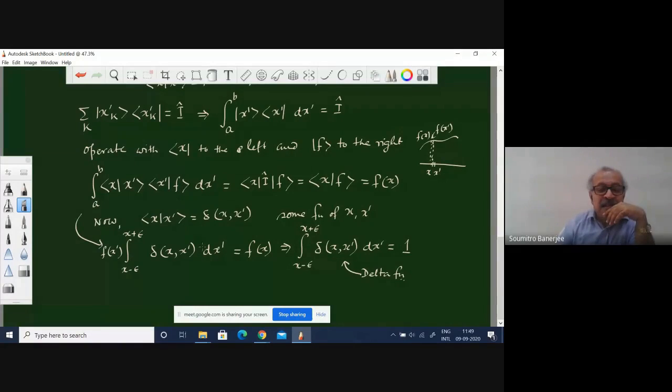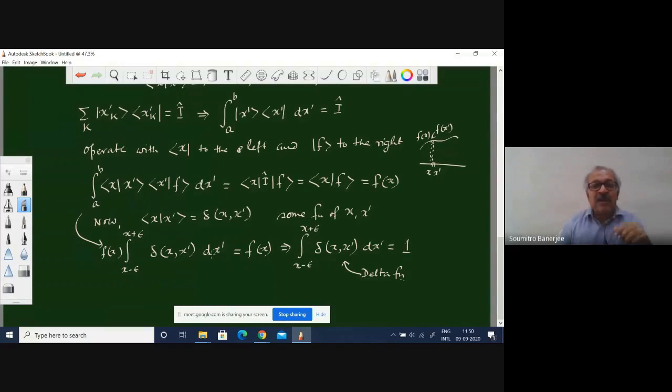So we had to write it here, but then we made a bit of a mistake here. This should actually be f(x). We wrote that, for all practical purposes, this can be seen as almost equal to f(x), and therefore we took it out and then integrated the delta in terms of x prime.